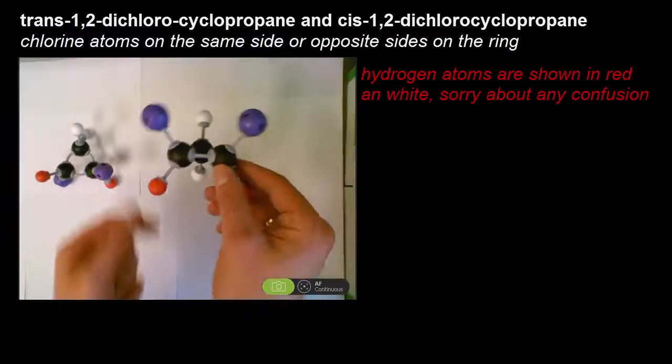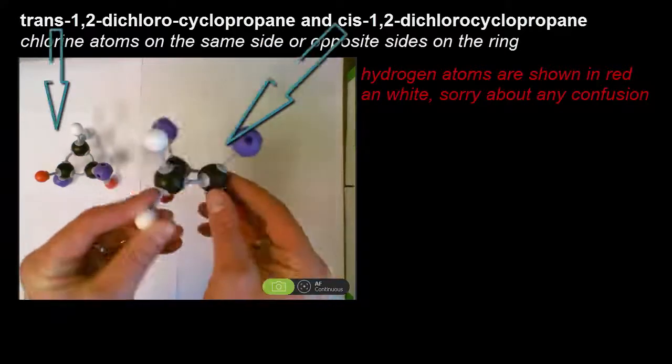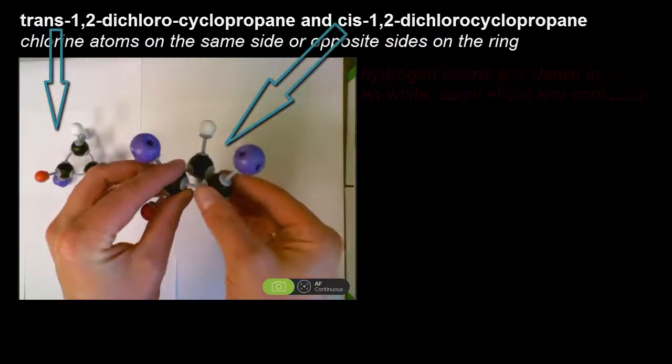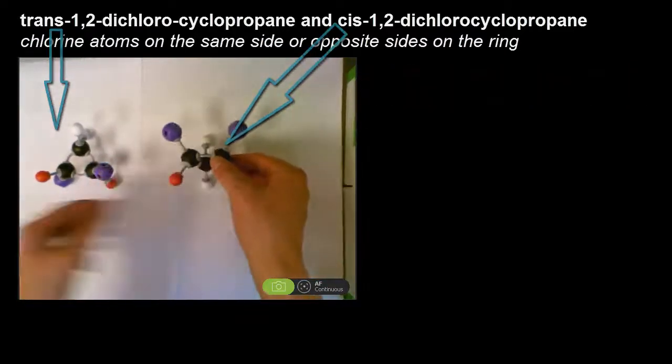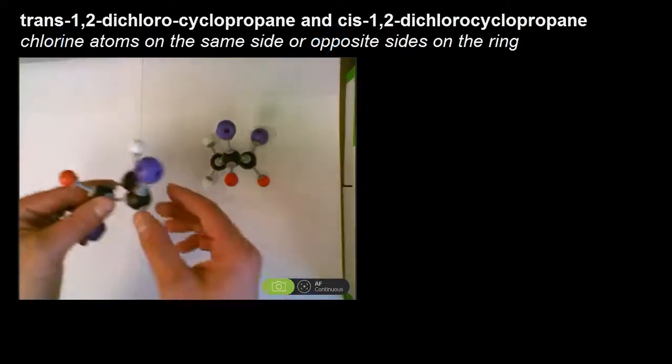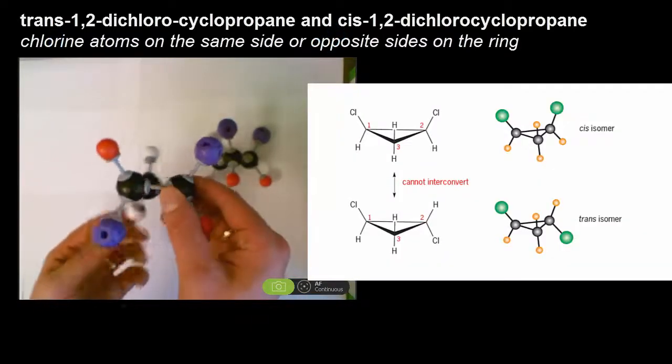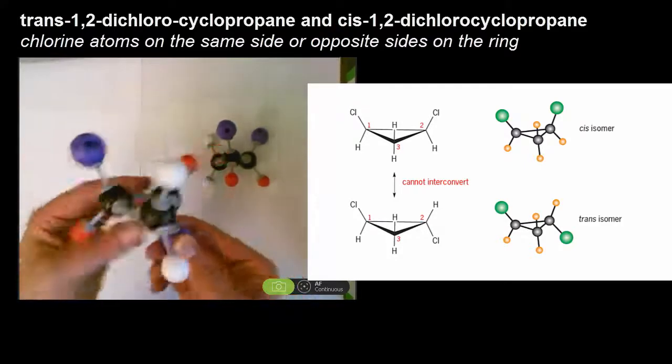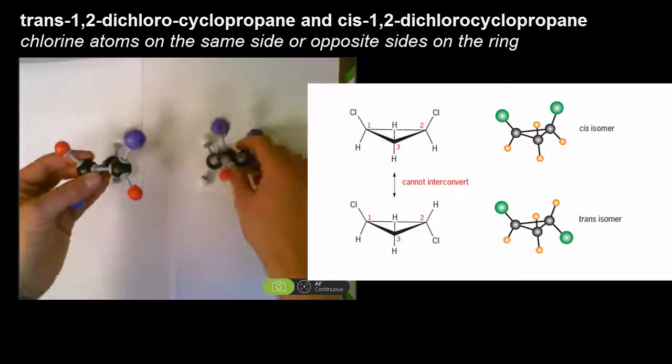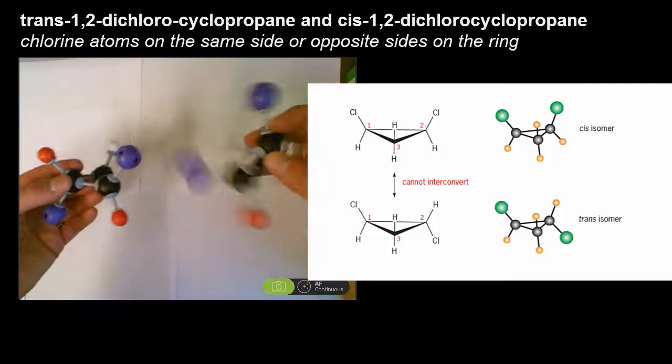The next example is trans-1,2-dichlorocyclopropane and cis-1,2-dichlorocyclopropane, which feature the chlorine atoms shown in purple here, either both above the ring in the cis example, or both below as well, or one above and one below in the trans example.